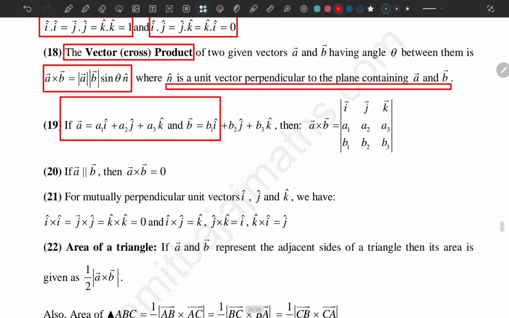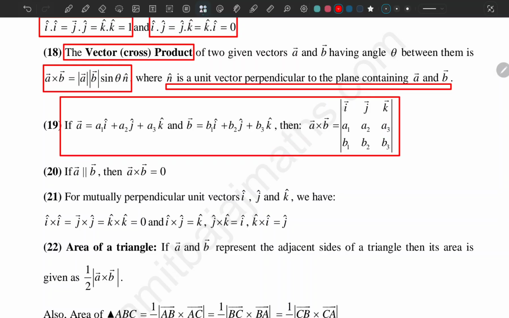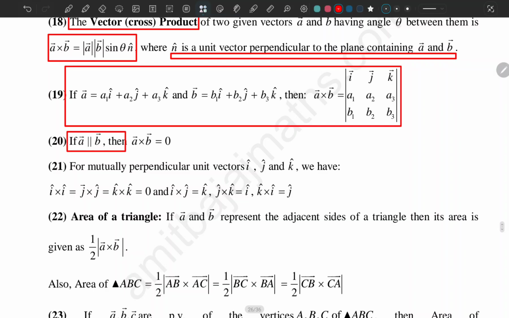Or maybe you can remember this formula because this is widely used: the determinant of a vector and b vector to find a cross b. If a is parallel to b, then a cross b is 0 again. If it is parallel, then theta is 0 degrees, and sine of 0 degrees is always 0. That is why a cross b is 0 here.